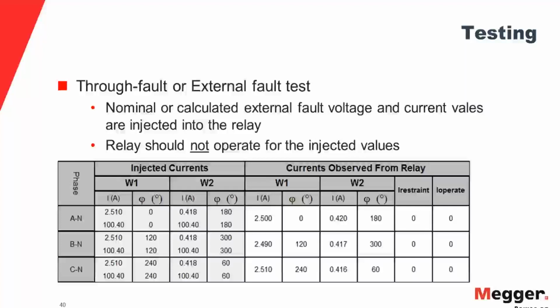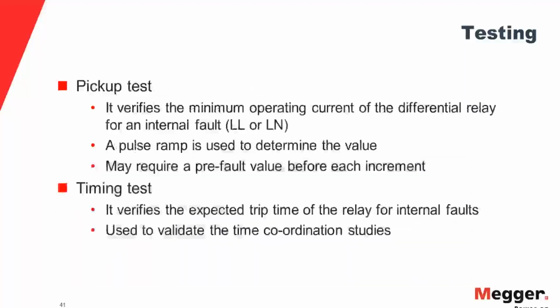So let's first talk about the through fault or an external fault. What should happen for a differential protection when the relay sees a fault external to the CT protected area or zone of protection?